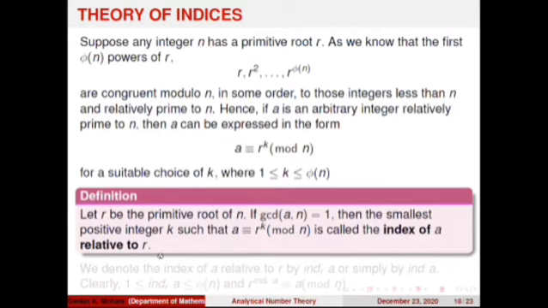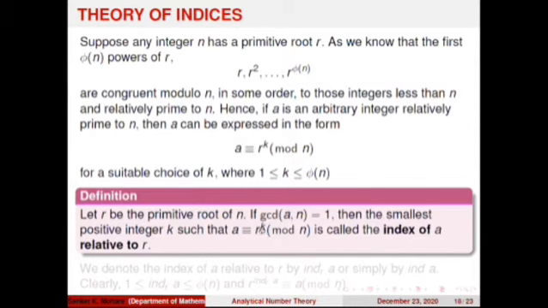So what is r? r is a primitive root of n and a is co-prime to n. Then for the smallest positive integer k, note and highlight these words, smallest positive integer k, such that a is congruent to r to the power k modulo n.